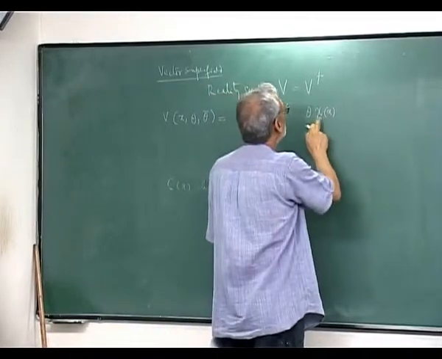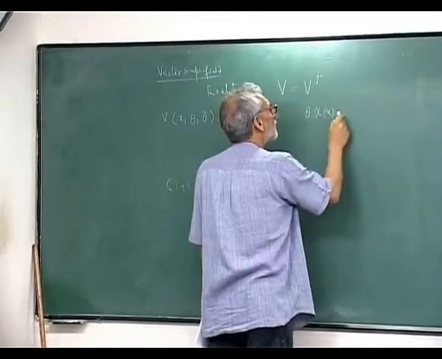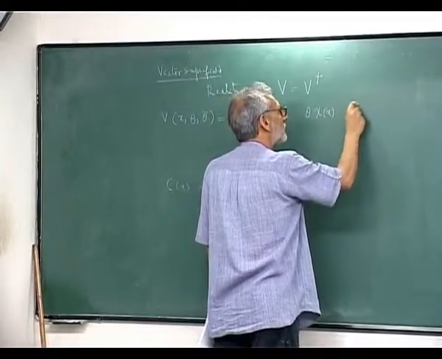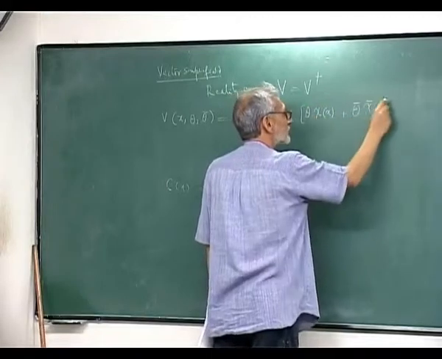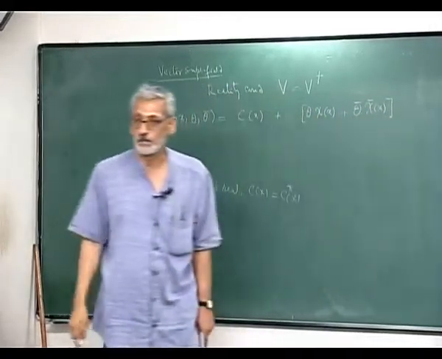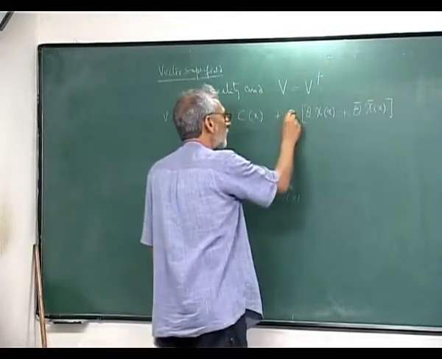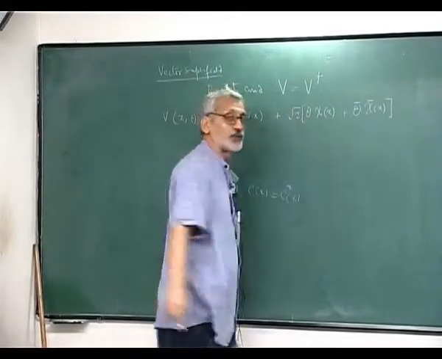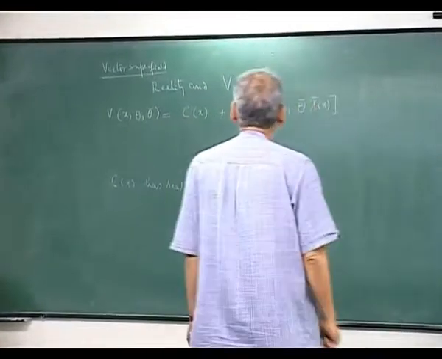Since this is not real and the superfield has to be real, you add to it theta bar chi bar of x. That would make this real. And there's a normalization we put in here for some convenience. So that is the single theta term.